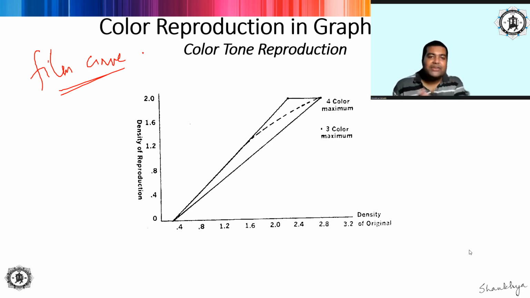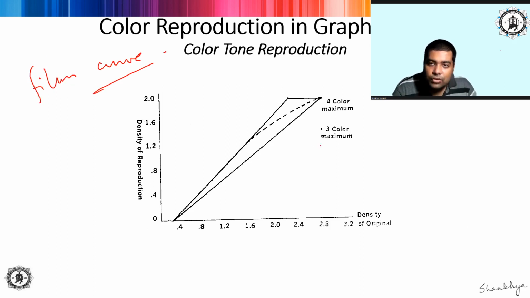A 45-degree line passing through the origin, that is your ideal curve. That should be your ideal curve as a tone reproduction curve for any process basically, right? So, in order to find out what is the problem in your tone reproduction, first you have to identify what should be the ideal behavior, right?